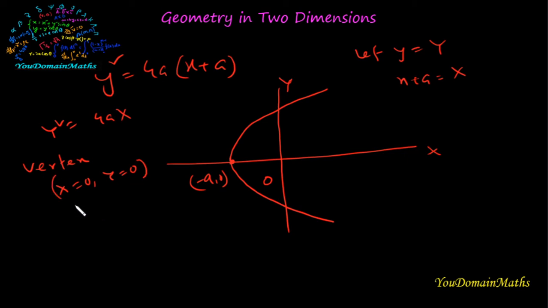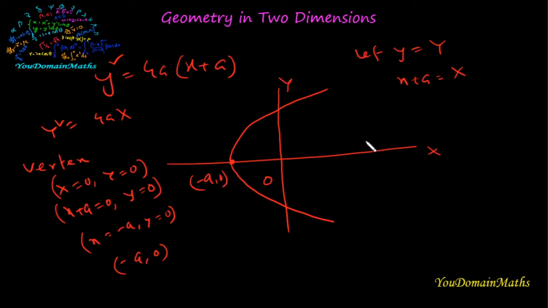That means x plus a equal to 0 and small y equal to 0. So we can say that x equal to minus a and y equal to 0. That means minus a comma 0 is the vertex of the parabola.